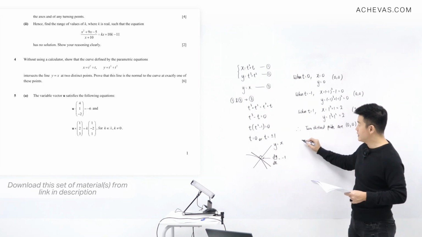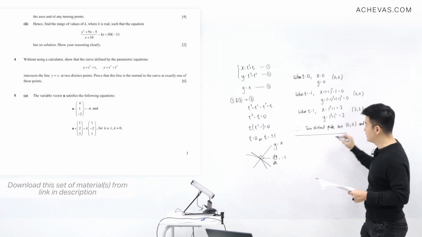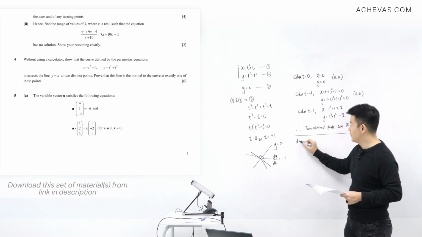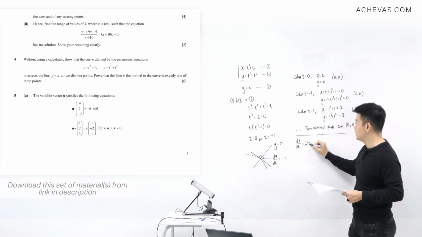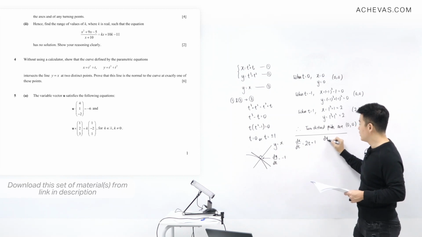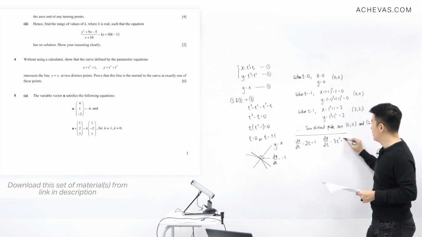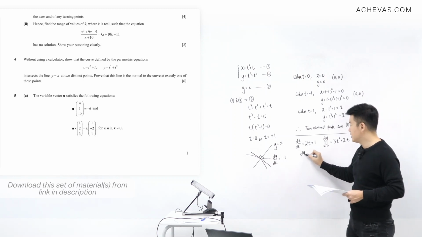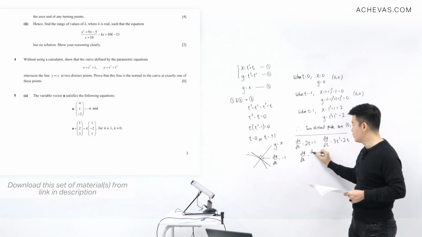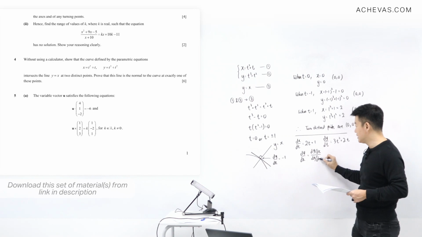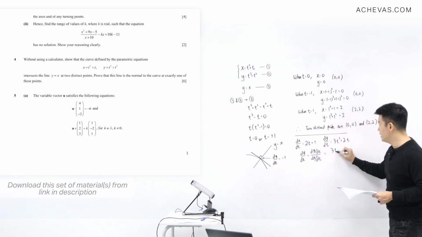So to do that, let's get an expression for dy dx. To get dy dx, we will first need to find dx dt. dx dt is going to be equal to 2t plus 1. And we will also need dy dt. dy dt is 3t squared plus 2t, which means that dy dx, which is equal to dy dt divided by dx dt, is going to be 3t squared plus 2t over 2t plus 1.